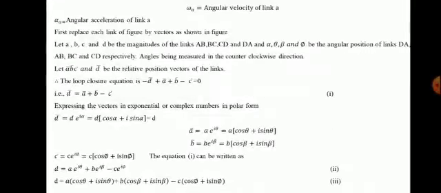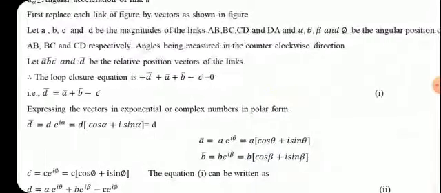Therefore, both are negative: minus D dash plus A dash plus B dash minus C dash is equal to 0. Now D dash is equal to A dash plus B dash minus C dash.